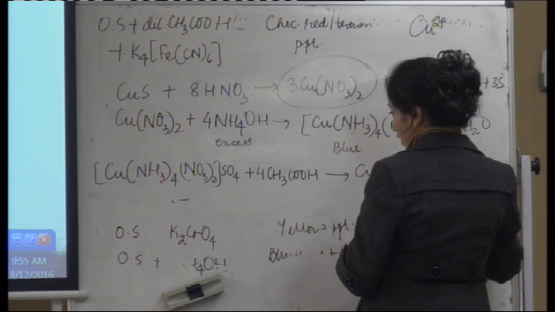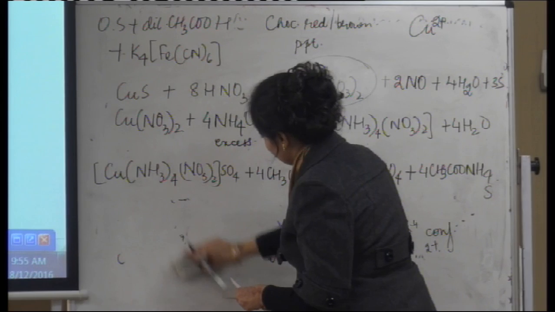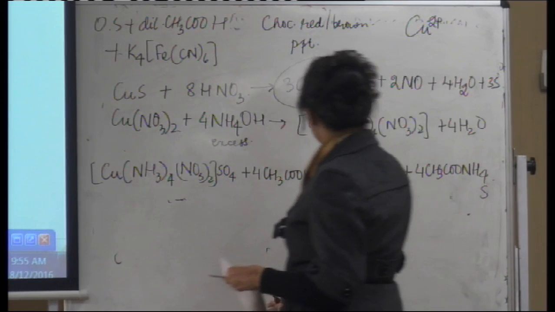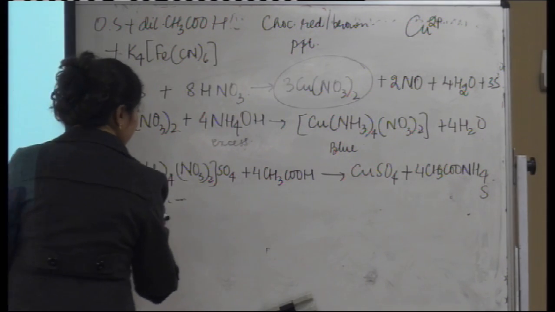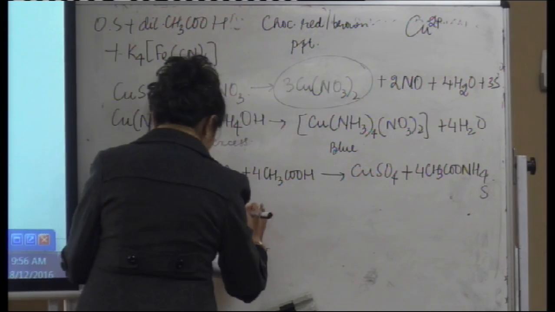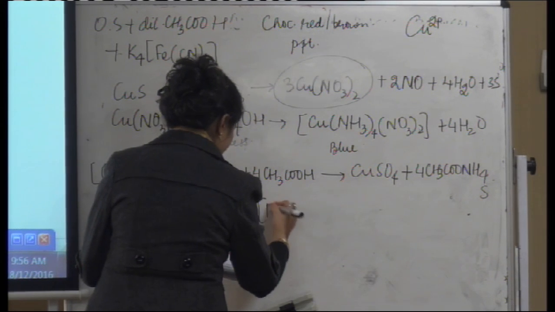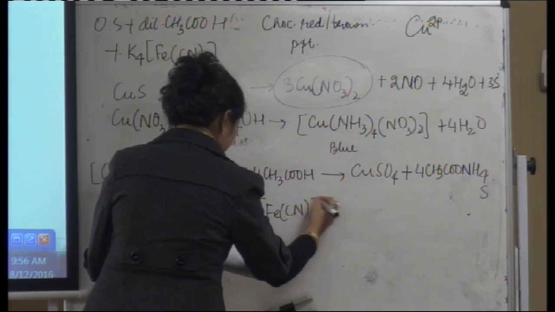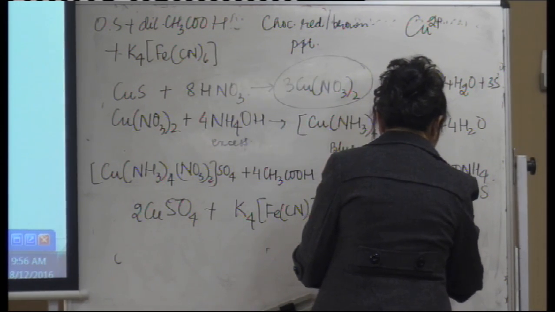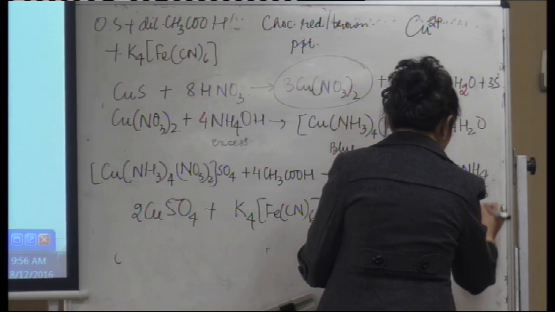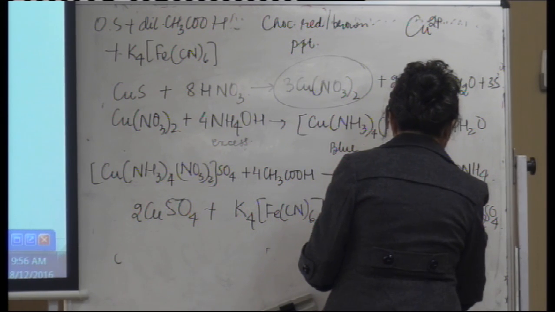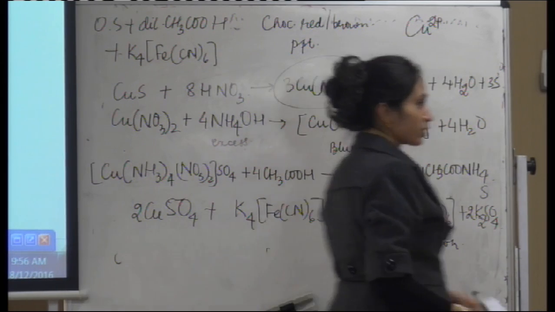I'll tell you what all things are to be paid attention to here. Now to this copper sulfate you add potassium ferrocyanide, giving copper ferrocyanide plus 2K2SO4, which is chocolate brown in color. Alright, just note down these reactions quickly.